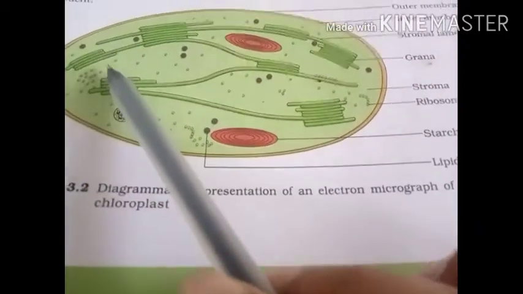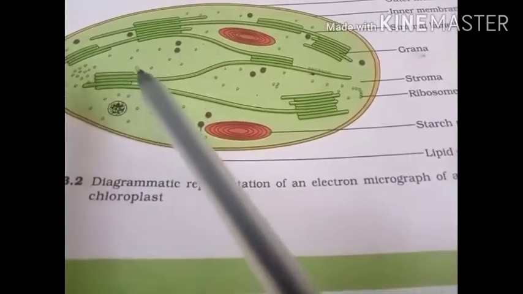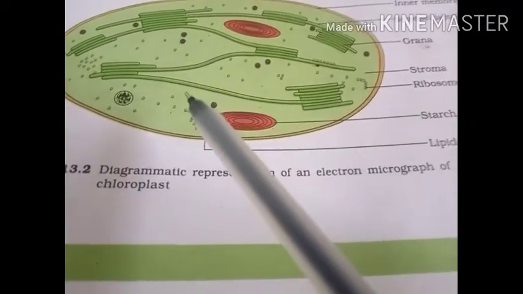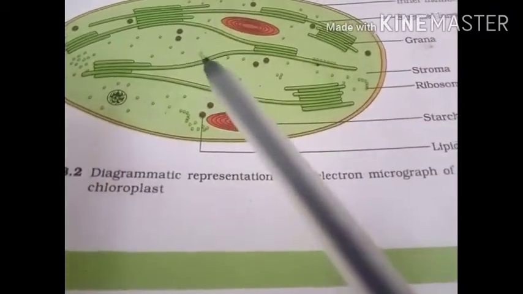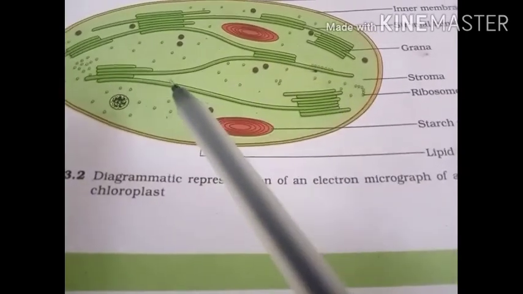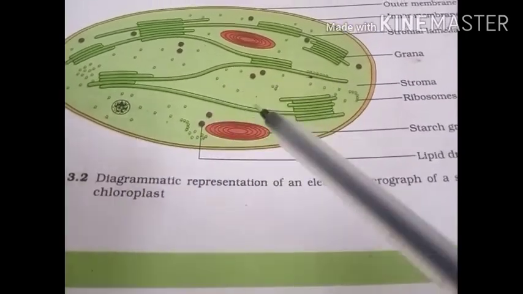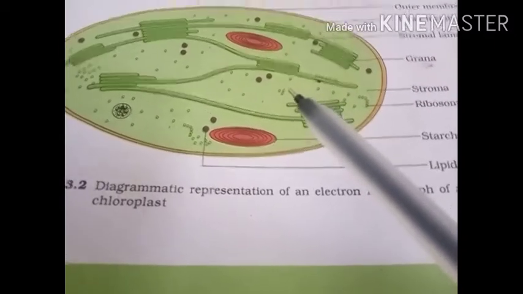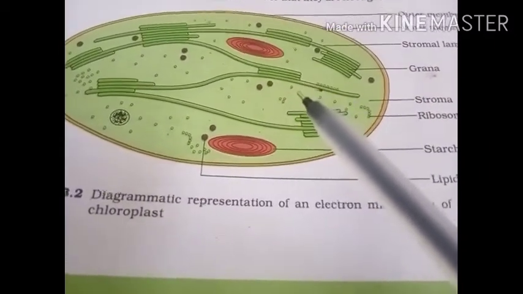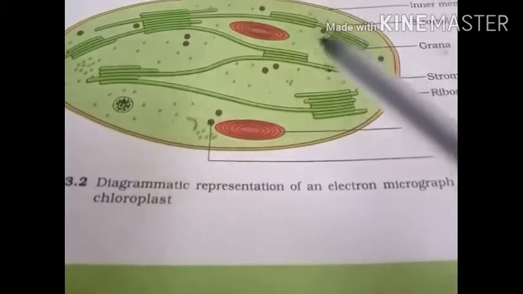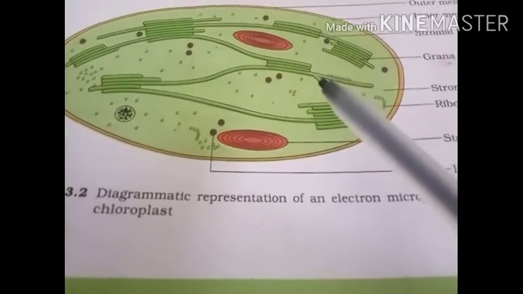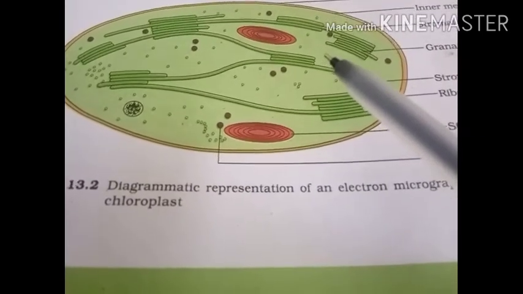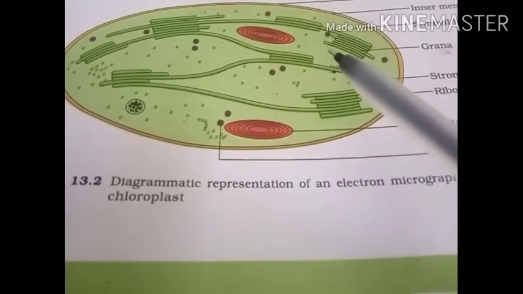Whereas in the stroma, the enzymatic reactions incorporate carbon dioxide within the plant body and help in the synthesis of sugar, which in turn transforms into starch. As we know, the plant body stores the excess amount of glucose in the form of starch.